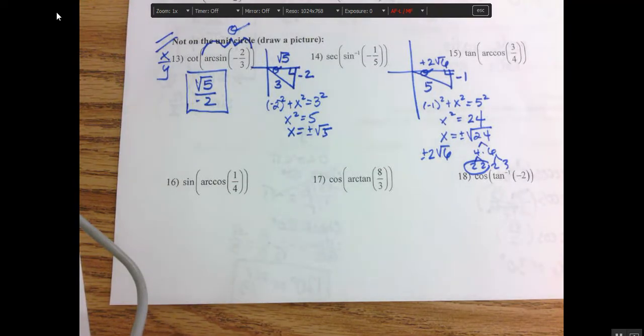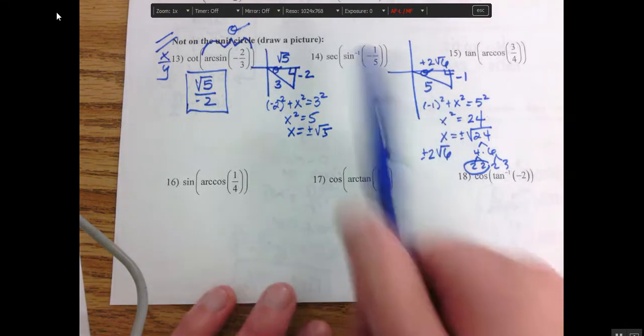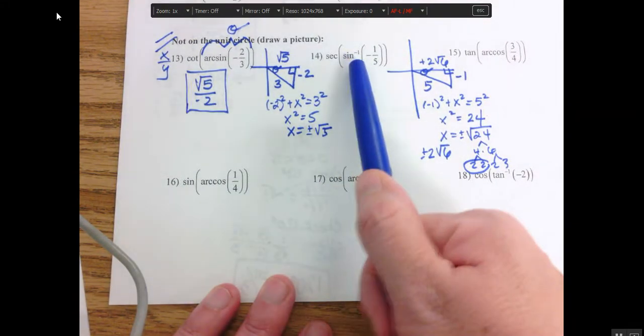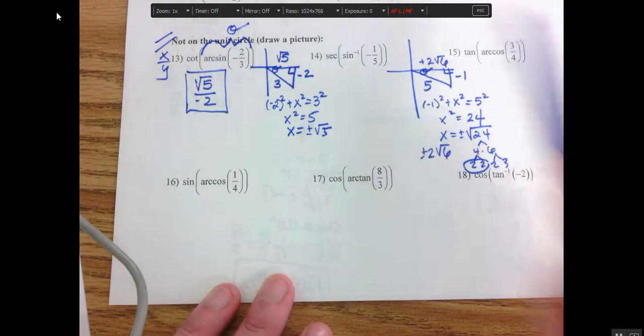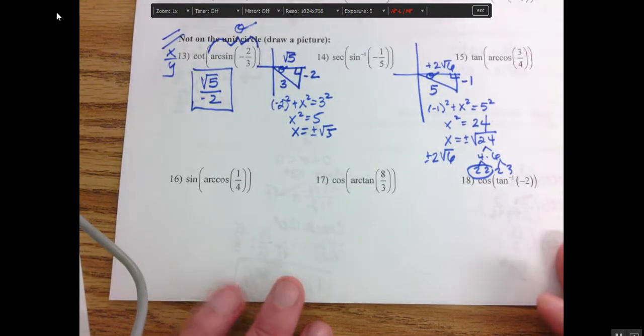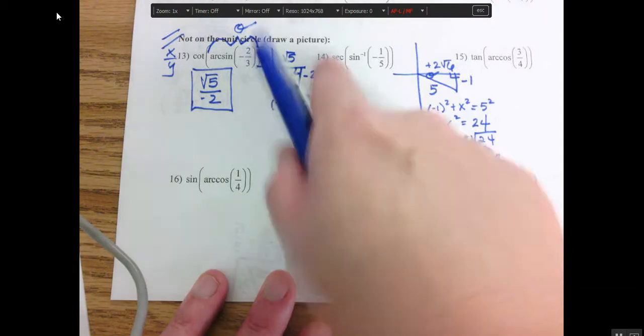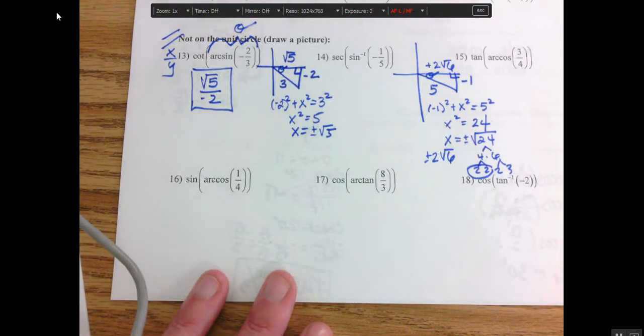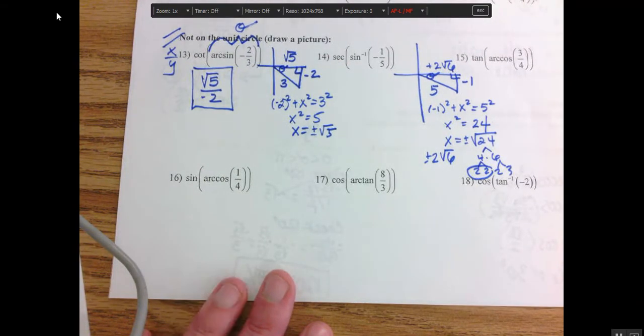Okay, secant is the, oh, go ahead. Why are we assuming it's the 4th quadrant, not the 3rd quadrant? I hear your question, but remember for inverse sine and arcsine that it's restricted. Okay. Secant is the reciprocal of what function? Cosine. So that would be the reciprocal of the x, right?